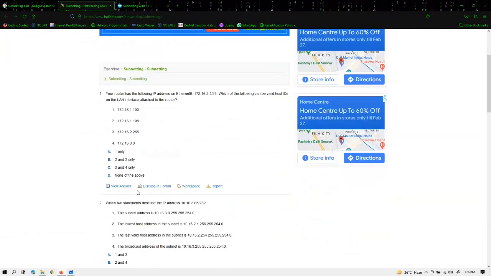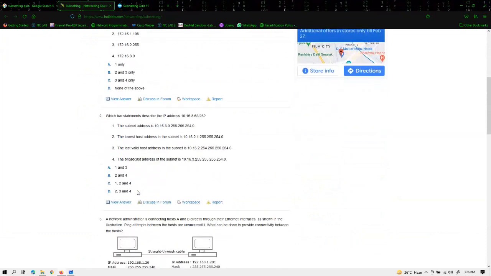Now here you can see some different type of questions. Which two statements describe the IP address 10.16.3.65/23? The lowest host address in the subnet is 10.16.2.1.